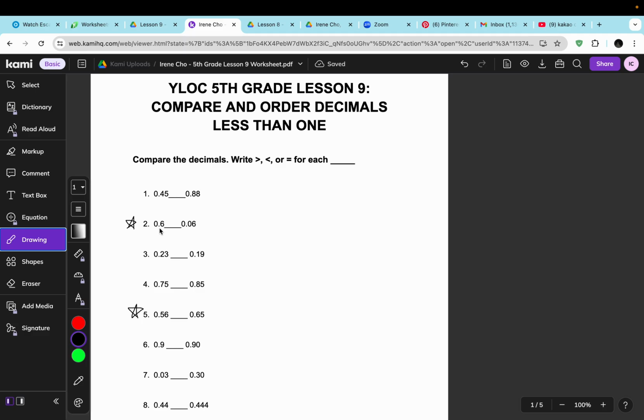So it says 0.6 and 0.06, and since the number after the point is 6 for one and 0 for the other, it's going to be greater than. So 0.6 is greater than 0.06.